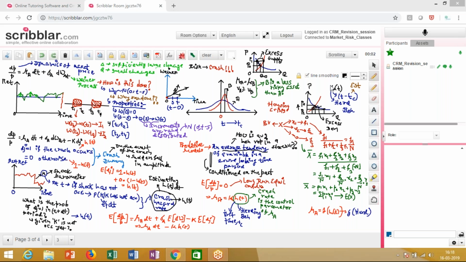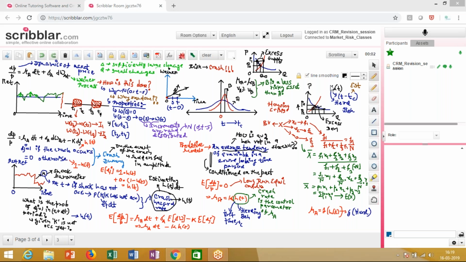Some of the key points to summarize the discussions that we have had till now are as follows. Number one, the element of crash is a very important element as far as financial markets are concerned. The second thing is that it is this crash rate which determines the mean returns in an asset market.